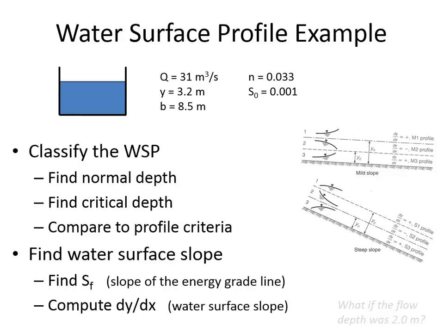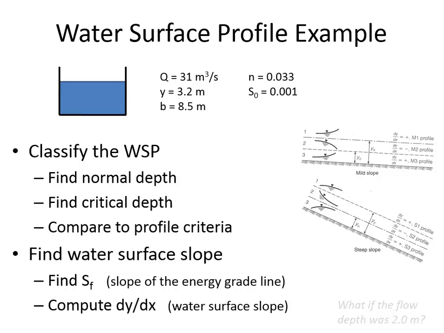And now finally, we put that into the equation for dy dx. And we saw that last time. It's S naught, which is the slope of the channel, minus the slope of the energy grade line, divided by 1 minus the Froude number squared.